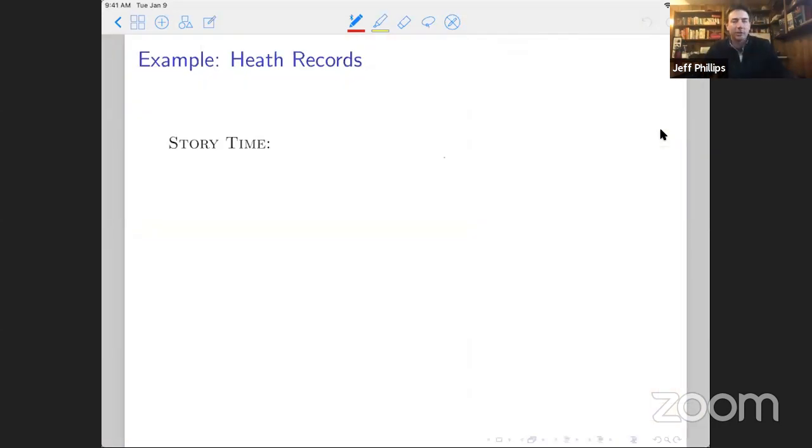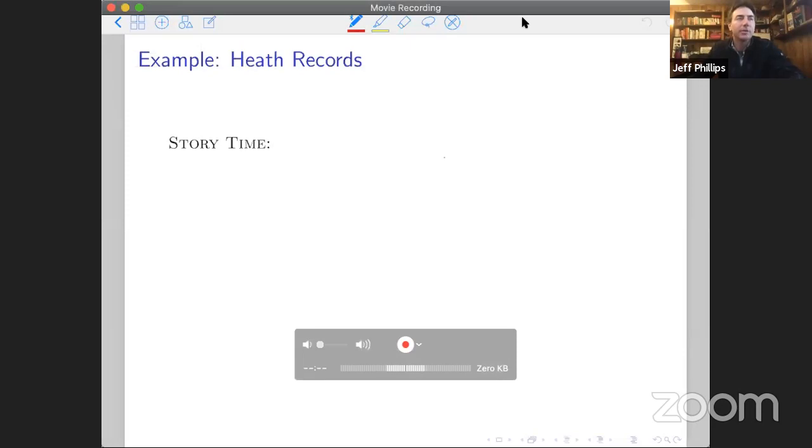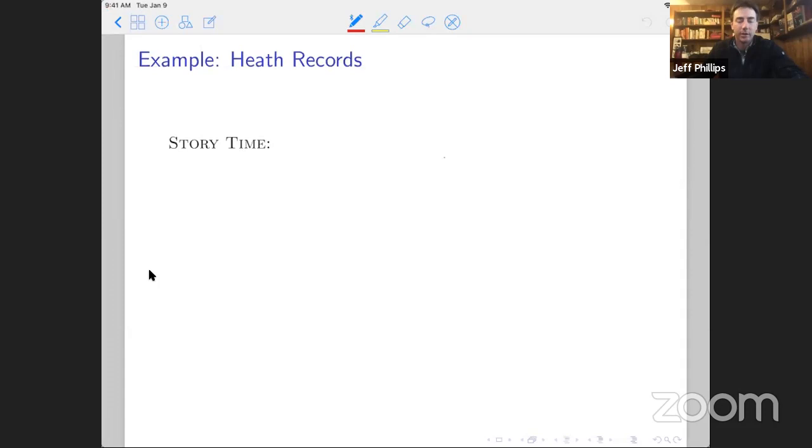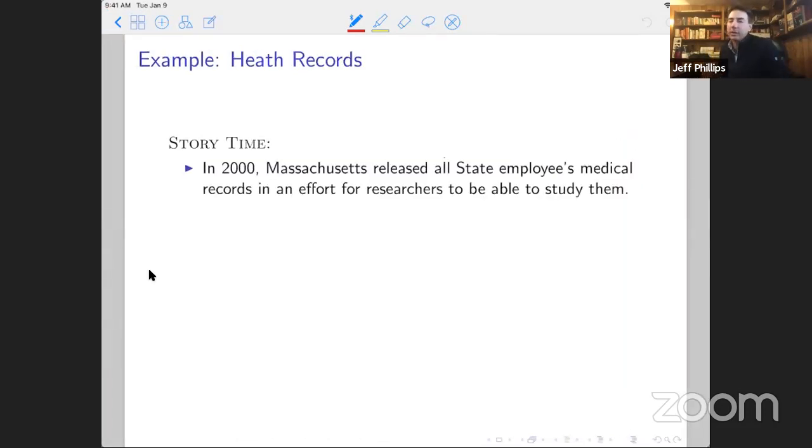All right. To set the stage a little bit more, I'm going to tell a couple of stories in this lecture. The first one had to do with the year 2000 or so, when the state of Massachusetts, which has a lot of great universities, said, in the idea of openness, we're going to release everyone in the state's medical records online so that people can study the information.